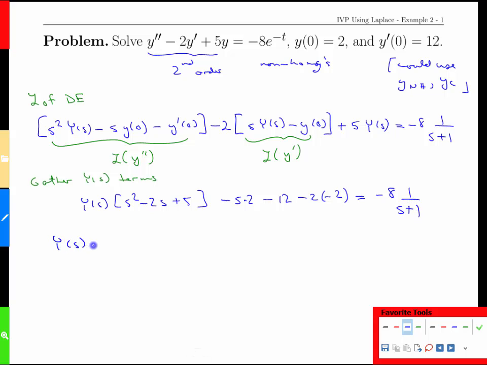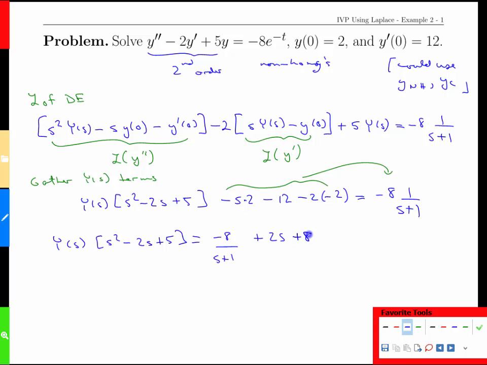Last but not least, we'll start solving for the Y of s, and that just means moving all these terms to the other side. So we'll have our negative 8 over s plus 1 plus 2s, and this altogether is minus 12 plus 4, that would be negative 8 on this side.